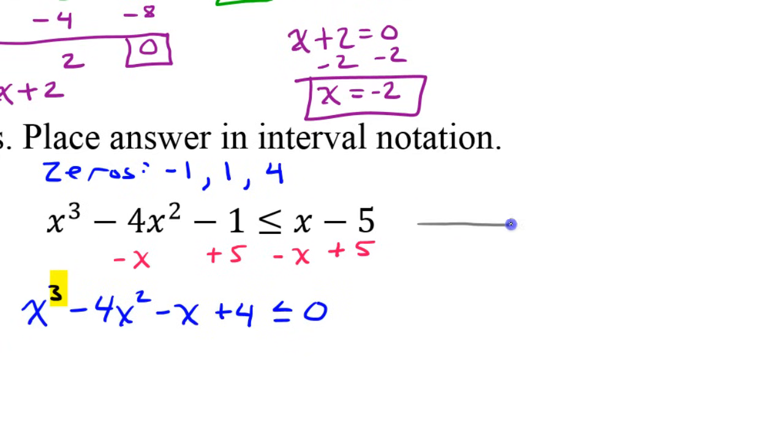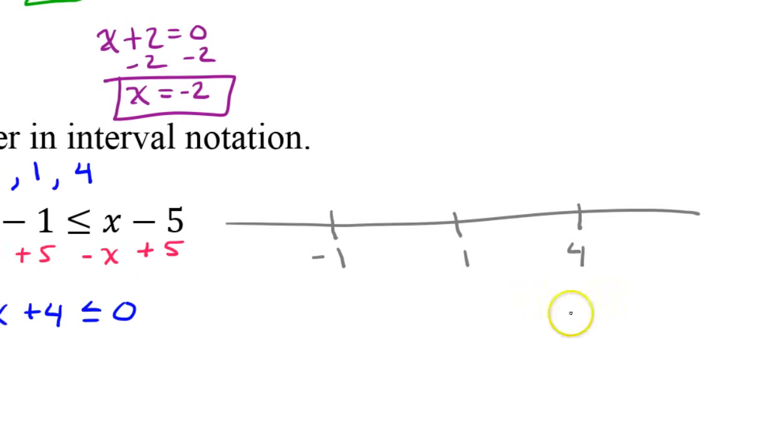Okay, so here I go. Here I have -1 and +1 and 4. Okay, so let's do some test values.